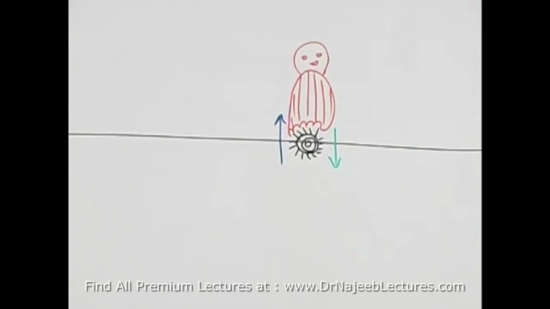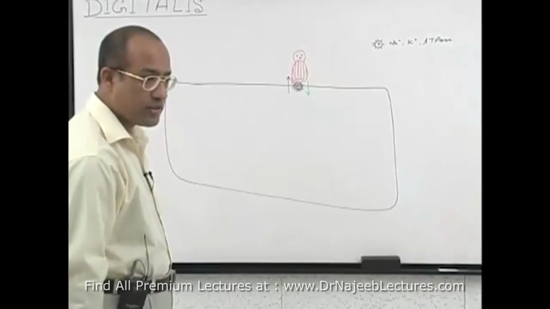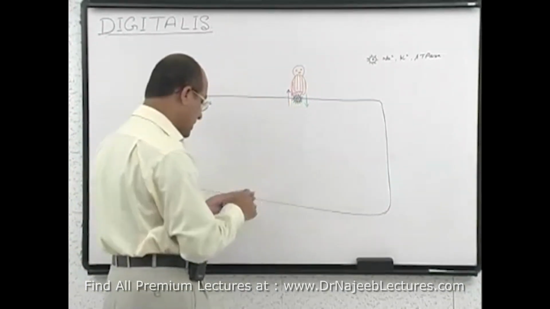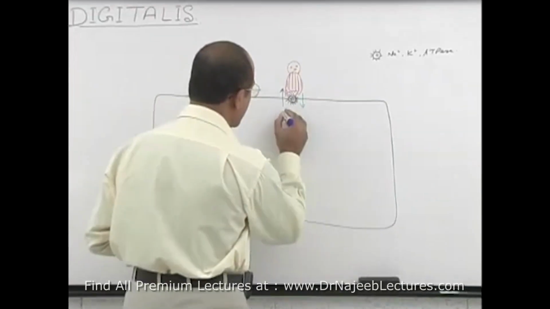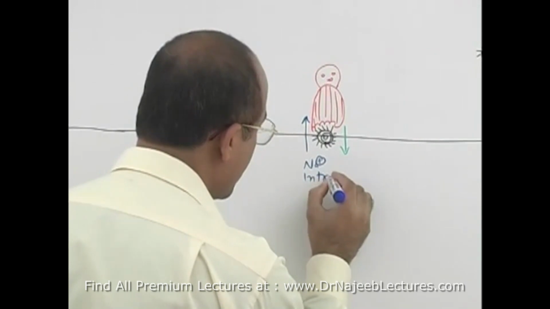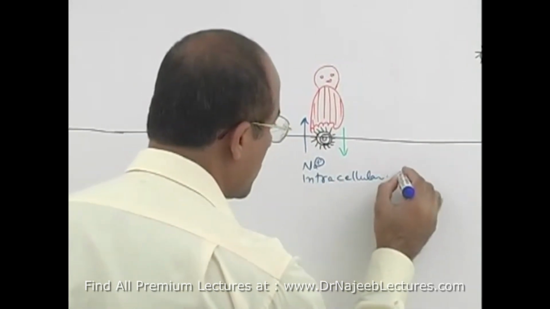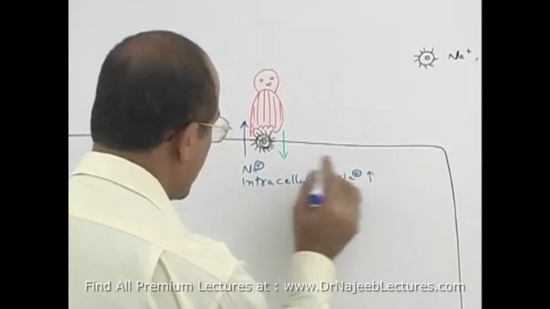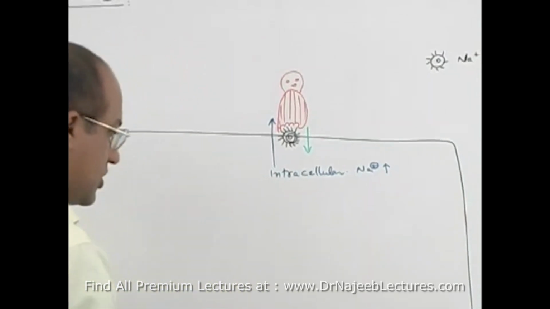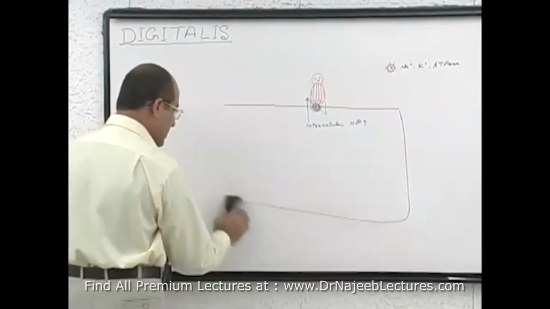When Digitalis sits on this pump, will it work fast or slow? Slow. So what really happens is that when Digitalis binds the sodium-potassium ATPases, there is intracellular sodium accumulation. Intracellular sodium is increased. That will lead to, after digitalization, an increase in intracellular sodium.